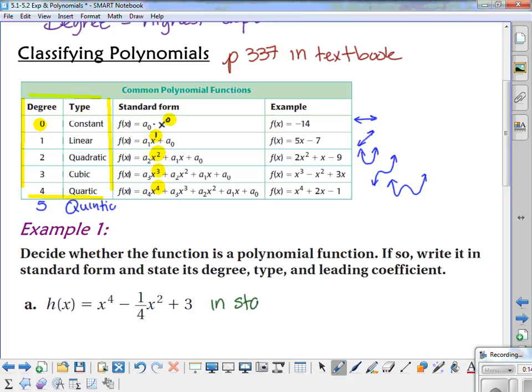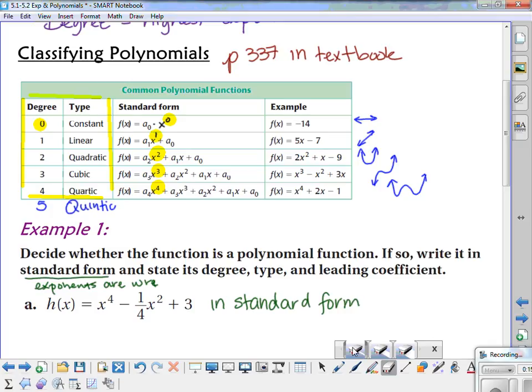Because what do I mean by standard form? What is the standard form of a polynomial? So in standard form, the exponents are written in descending order, right? So the highest one first, and the lowest one last.